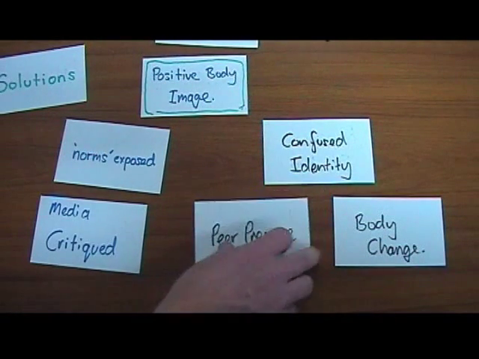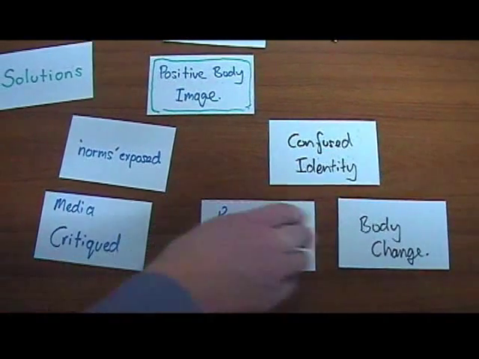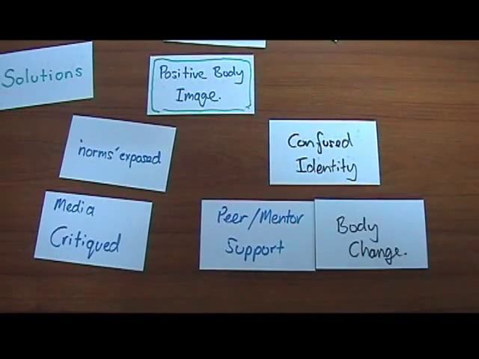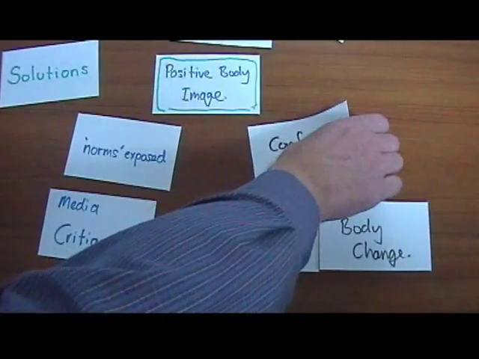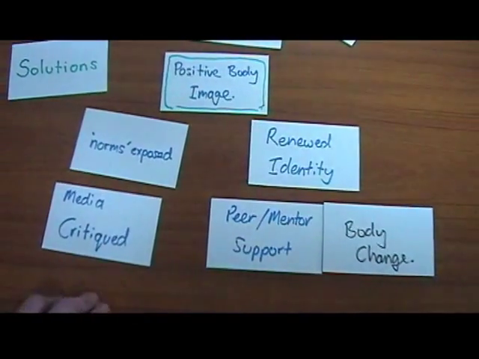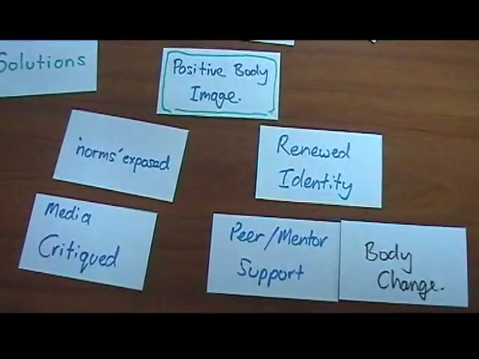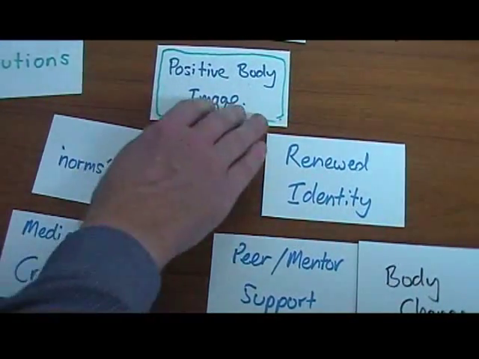Let's look at peer pressure. Peer pressure, the opposite of that would be peer and mentor support. The body changing, you can't really change that. That's probably going to stay the same. So what about confused identity? Well, hopefully, with more peer support and understanding, they'll have a renewed identity, and they can start to see their body image as a positive thing, a positive stage in life.